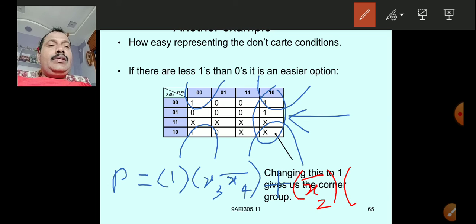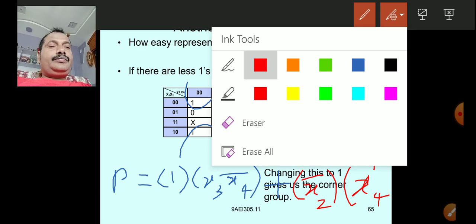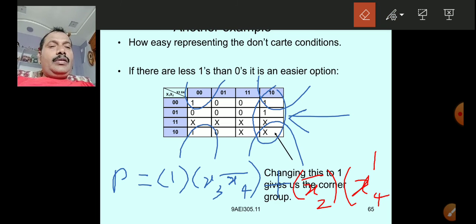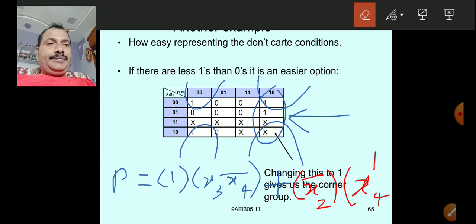That means x3 is changing, x4 is not changing, so x4 bar. So this is the simplified version of this Boolean expression.